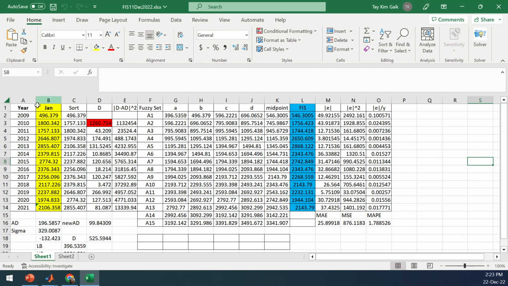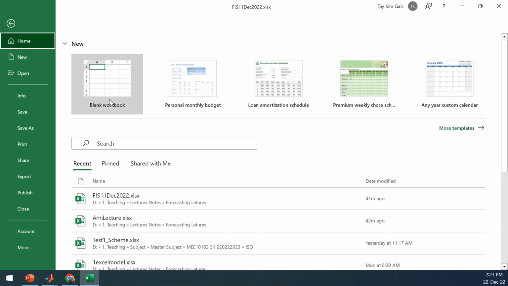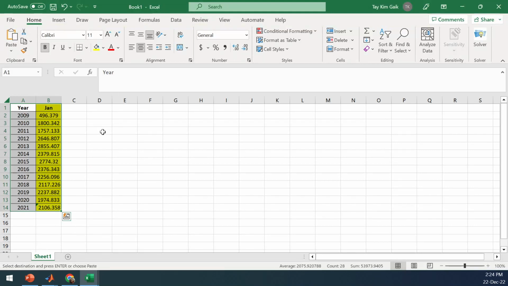Okay, what I'm going to do is copy it. This is all the January electricity consumption data from year 2009 to 2020, and here I include 2021.